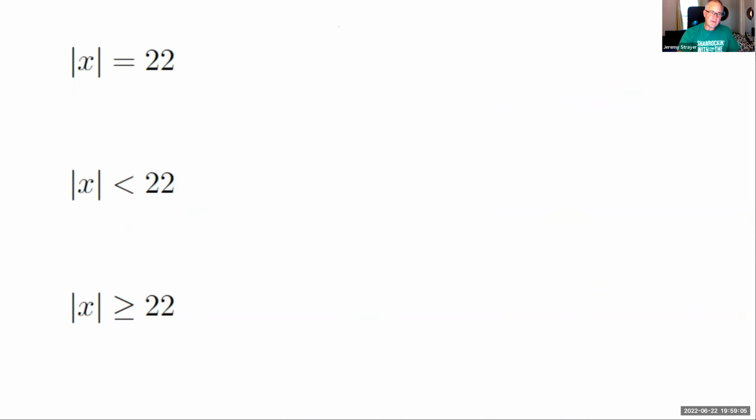All right. Let's think about inequalities and absolute values. So this will give us something new. First of all, absolute value with equalities first. What are the values that I can put in for x that would give me an absolute value of 22? I think we know that the absolute value of 22 equals 22. But just like we saw in the previous example, the absolute value of negative 22 is also equal to 22.